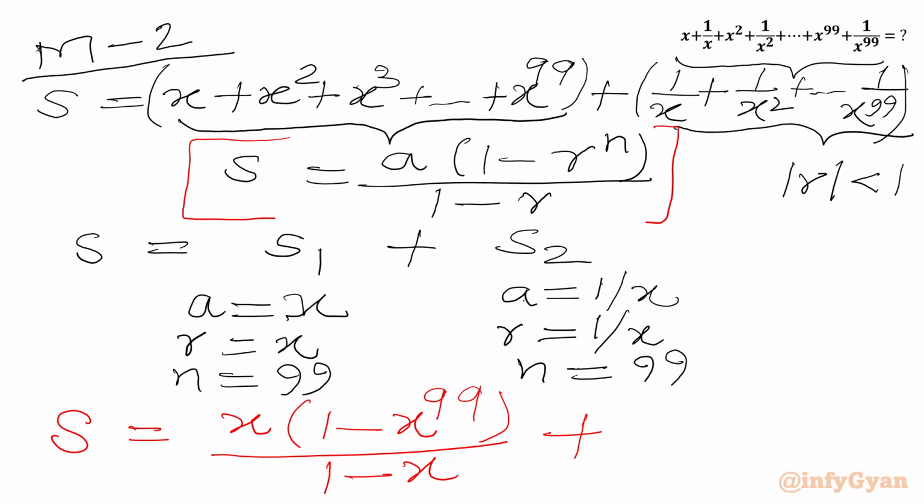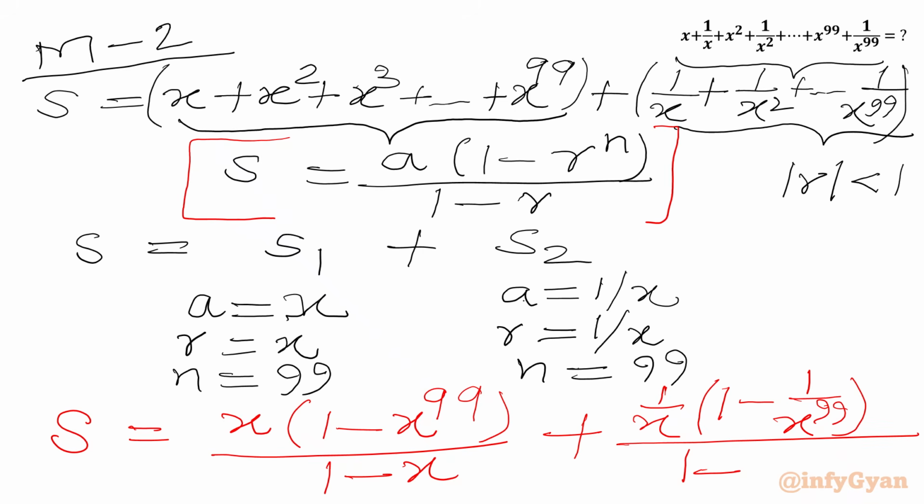Here the first term is 1 over x. 1 minus common ratio, which is 1 over x, raised to the power total number of terms 99, over 1 minus r. R is 1 over x here. Let me write our S here.